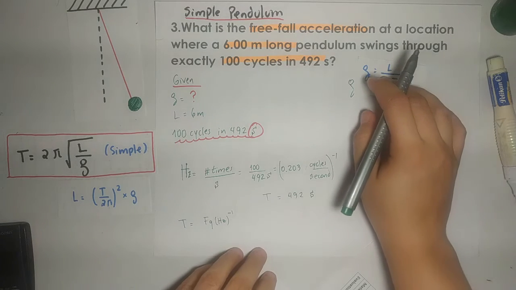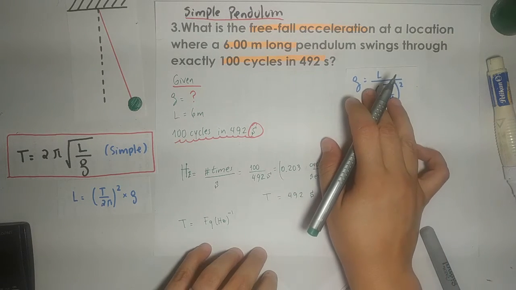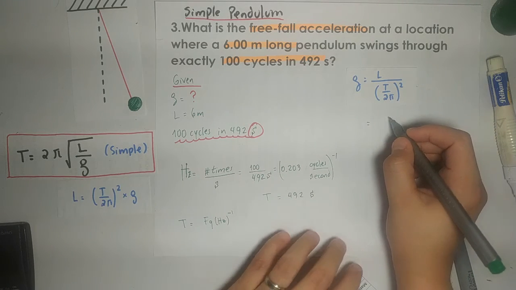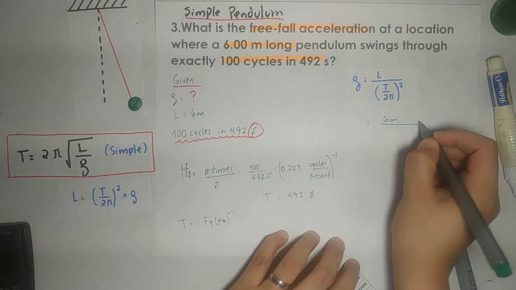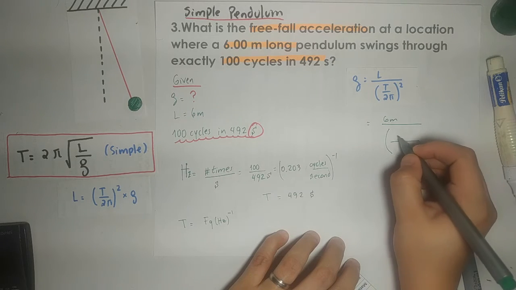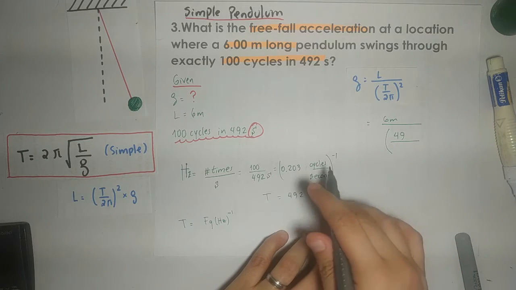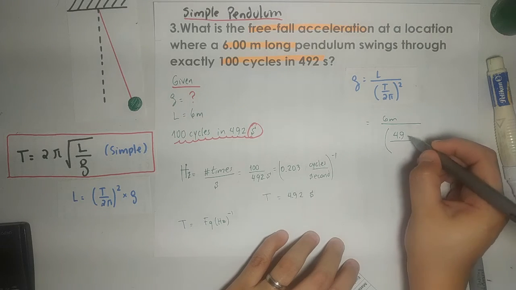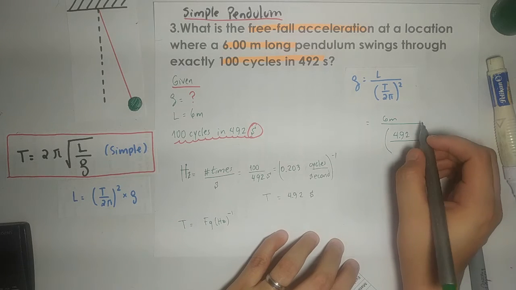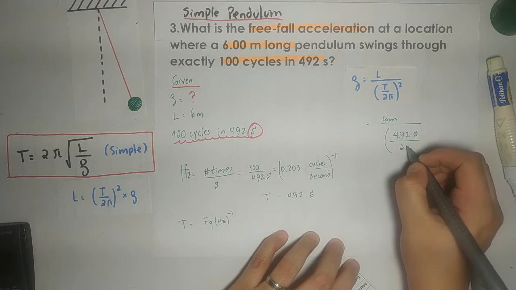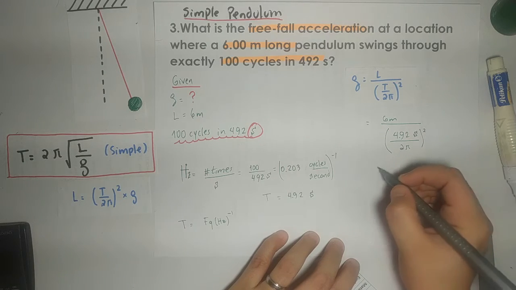Now let's see. Gravity will be equal to 6 meters divided by 4.92 seconds divided by 2 pi raised to the second power.